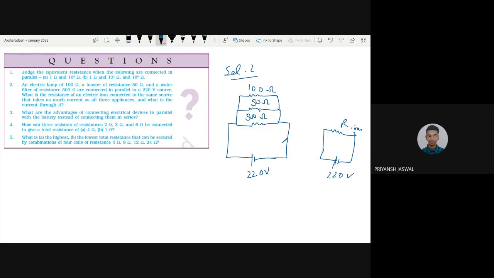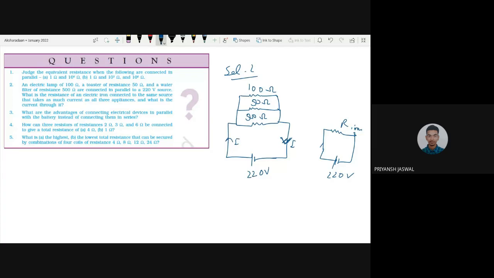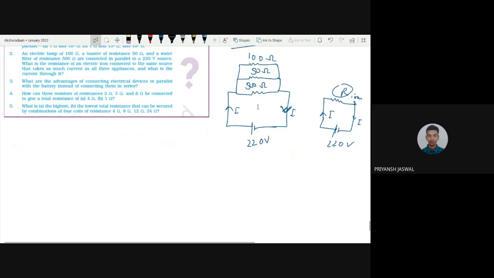Suppose in the first circuit the current is I, and in the second circuit also they say this iron takes the same amount of current. So what will be the resistance? So first you have to calculate I from the first case and put it in the second case and get the R value. So how will we do that? There are two ways. In the first case, first calculate the total resistance.